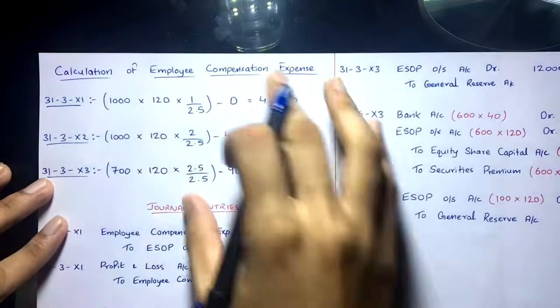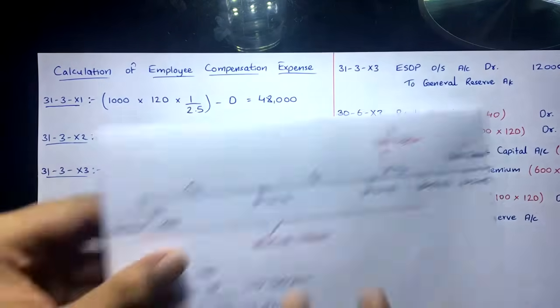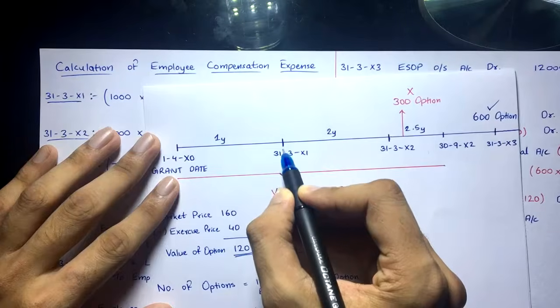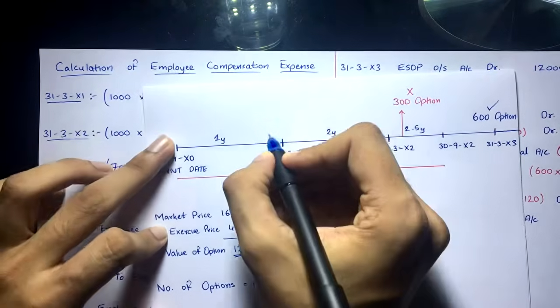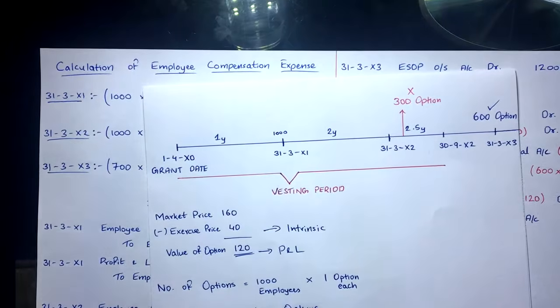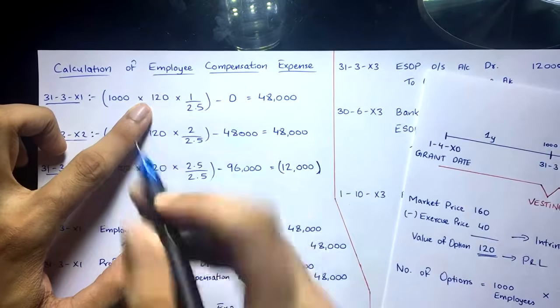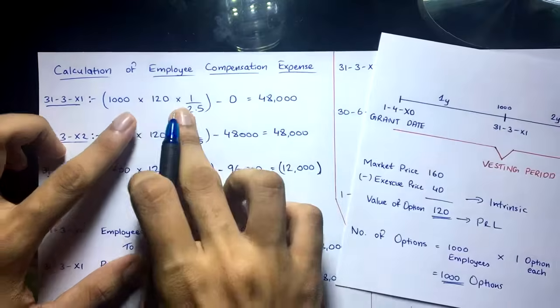See here, calculation of employee compensation expense. At the end of the first year, we feel that 1000 options are going to be exercised, right? Because there is no mention of anything otherwise. So 1000 into value of option 120, value of option is 120, right? So 120 into the fraction.